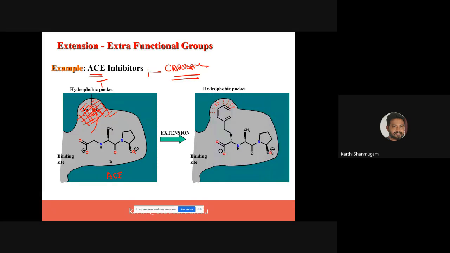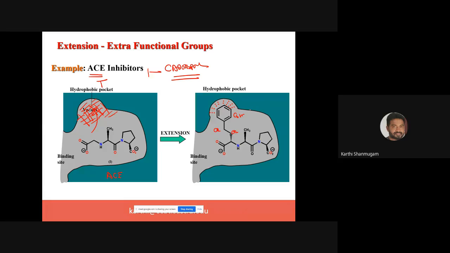Just have a look at this. Can we say this is an example for extension? Yes, sir. What are the groups which are added extra? Here you have a CH2 group, here another CH2 group, and here C6H5, a phenyl ring. Which one can we expect to have the stronger interaction?